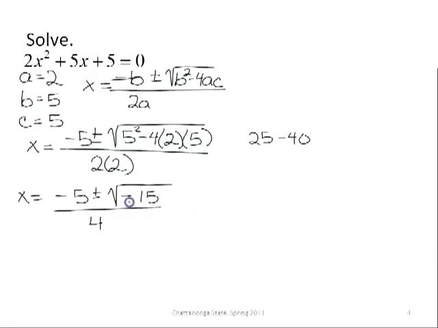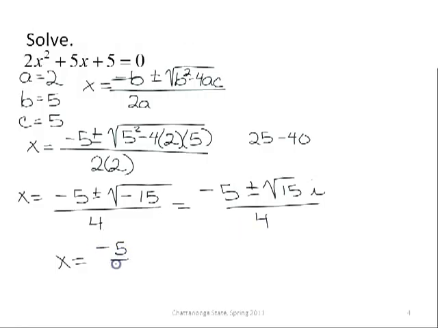So let's see, since there's a negative under the radical, I need to simplify that. So I will simplify that by writing it as the square root of 15 times i. And then because it's got the i in it, it's a complex answer. So I want to write my a term and my bi term as 2 separate parts.